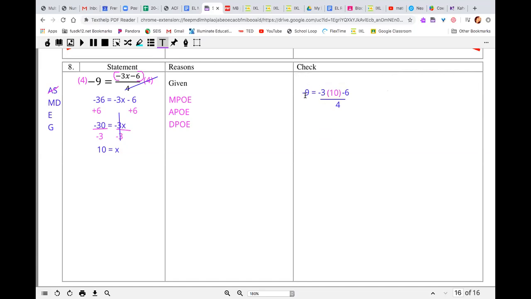All right, there you go, it's a little better. Okay, so we're looking at negative 3 times 10 minus 6 divided by 4. So what do we do first with that?